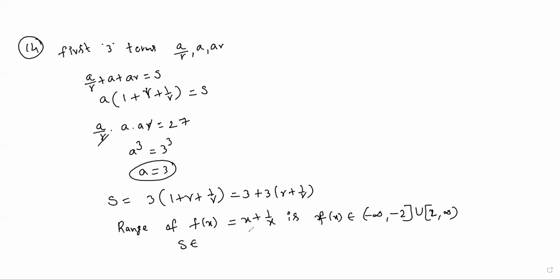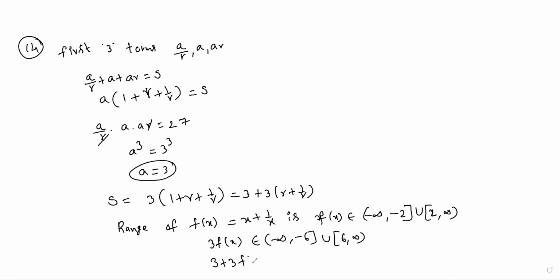First multiply with 3, later we can take 1 by 1. 3 into f of x belongs to minus 6 union 6 comma infinity. Now we need to add 3 for this.